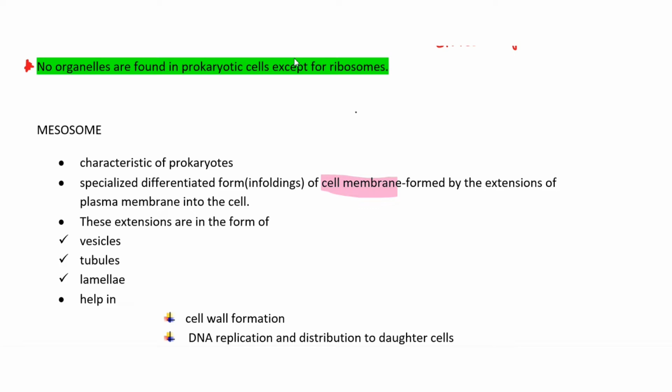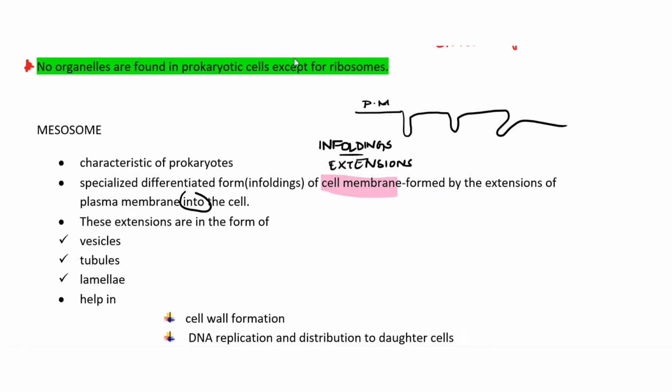So, the cell membrane, the plasma membrane, has certain infoldings into the cytoplasm. So, infoldings here means extensions of the plasma membrane into the cell, and these extensions can be in the form of vesicles, that are rounded bodies, tubules, which are like tubes, and lamellae, which are flattened sacs.